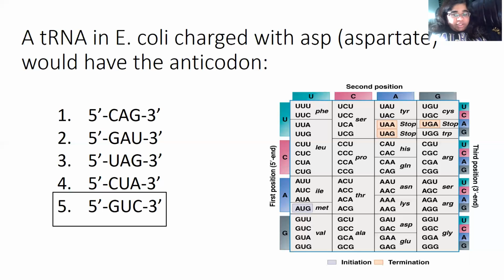So the answer here is this one, right? See how 4 is not the answer because the C would have been the 3' end, right? Okay. So CUG, when I said it, that was from 3' to 5', but make sure you always switch it to 5' to 3', okay?